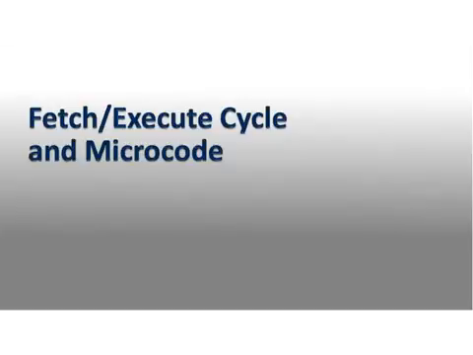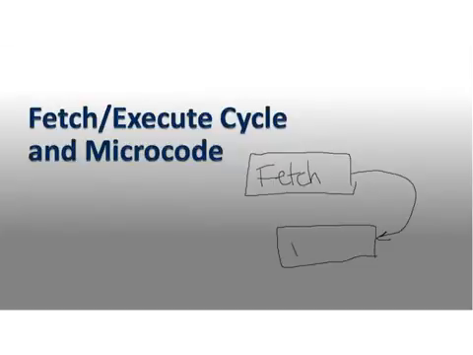If we look at the broader diagram, the steps of doing the fetch and execute cycle will be something like that. First of all, we have to fetch the instruction, meaning that the computer needs to know what the instruction is. So we do fetch. After doing the fetch, we do decode, meaning that we need to analyze the instruction.